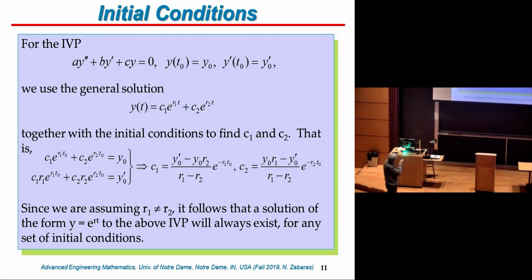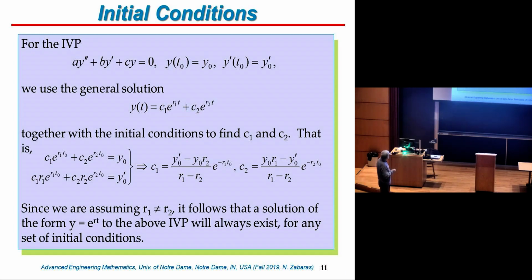So that's what you see here. So time t0 would prescribe y and y prime. So we have two equations, which is good because in this general solution, we have two unknowns, C1 and C2.